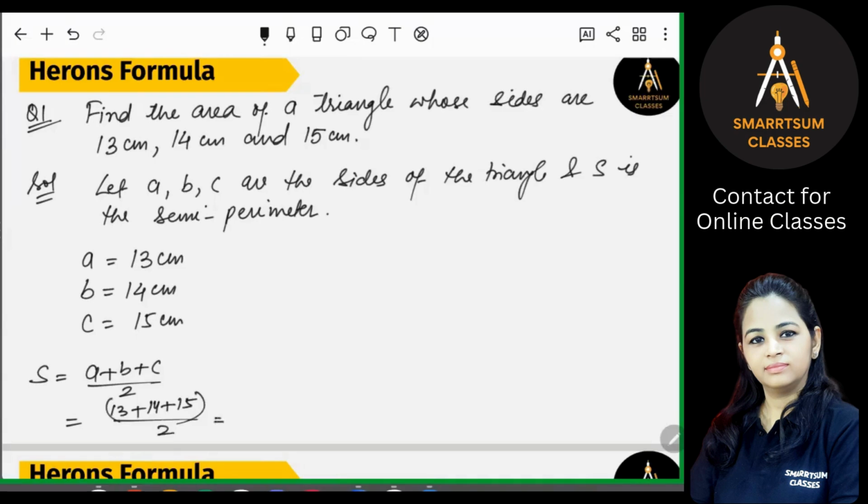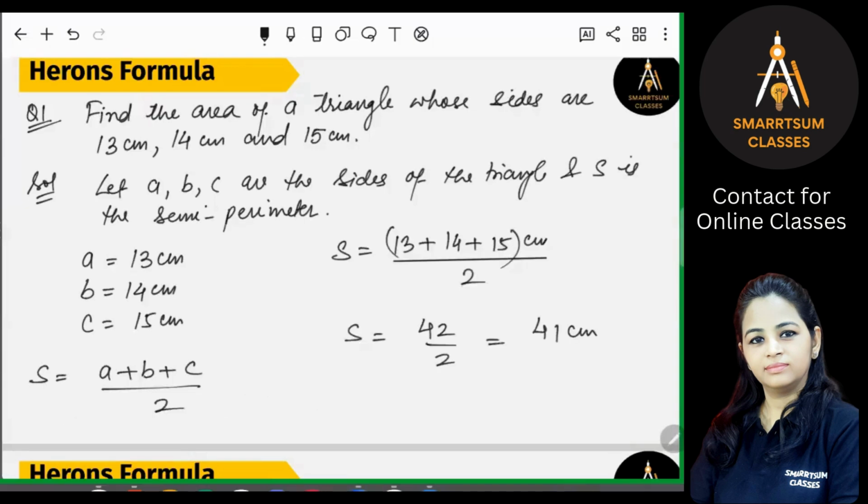So what is it equal to? 13 plus 14 plus 15 is 42. 42 divided by 2 is 21 centimeter. So what is the value of S? S is 21 centimeter. Is that clear? Please note down. So first we have found S, that is the semi-perimeter, which is 21 centimeter.